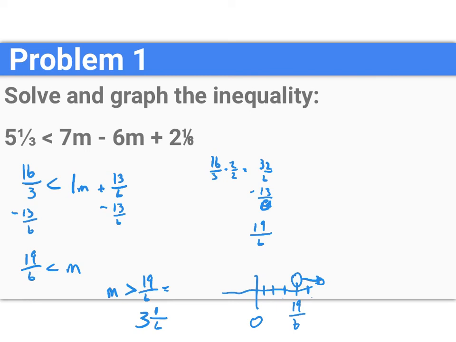But you can't just put your solution anywhere on this number line. If you were to put it somewhere like right here, well, that's in between 2 and 3, and that's incorrect. Even though you got 19 over 6, if you just put it anywhere on the number line, it's not correct. It has to go in the spot where it goes, in between a 3 and a 4.